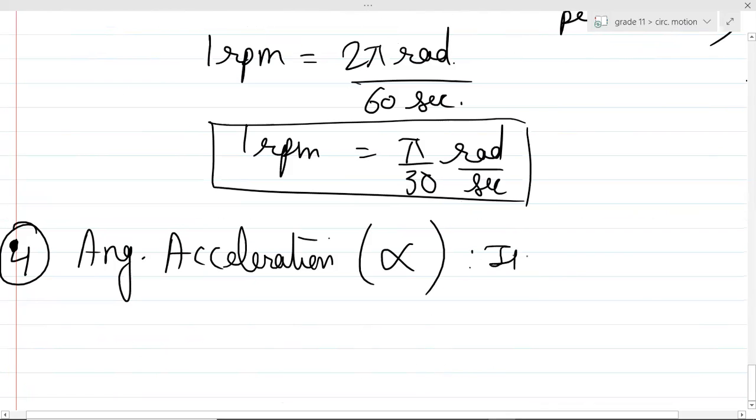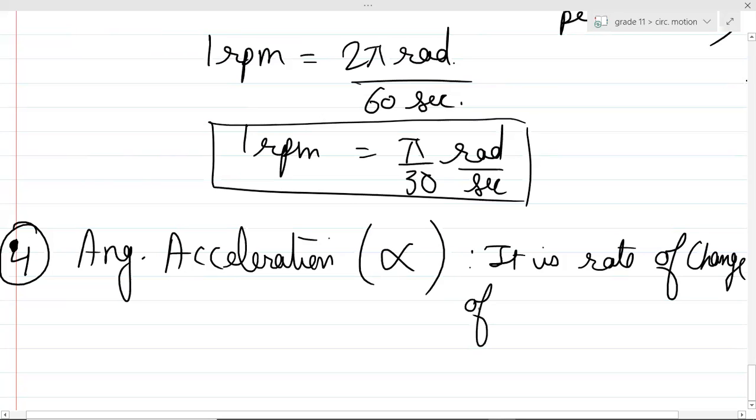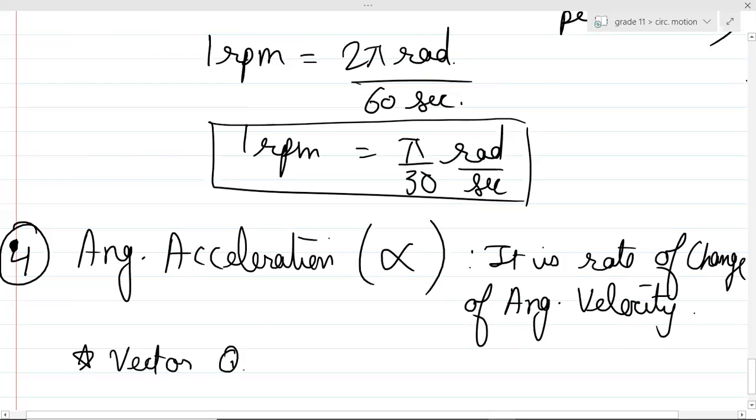It is the rate of change of, like acceleration is rate of change of velocity, here it will be rate of change of angular velocity. Again, this is also a vector quantity.